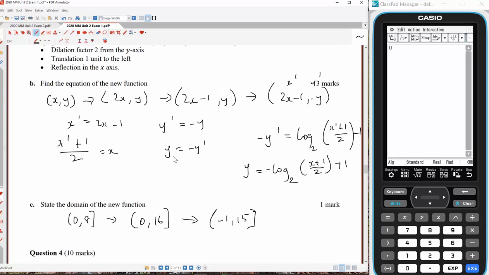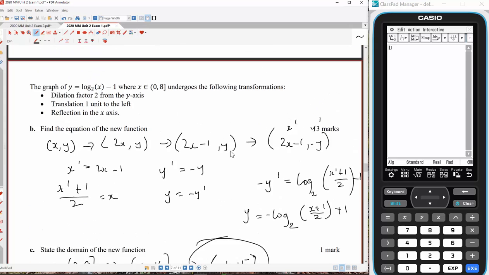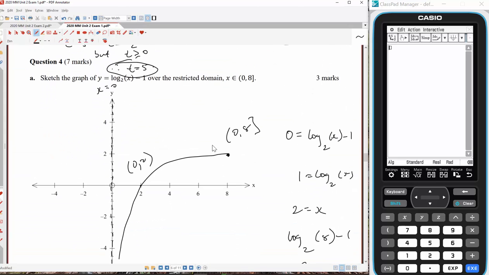And what was the last one? Reflection in the x-axis. So the reflection in the x-axis won't change the domain. So basically, if you want to think about it, this graph here gets dilated, so it'll go to 16.